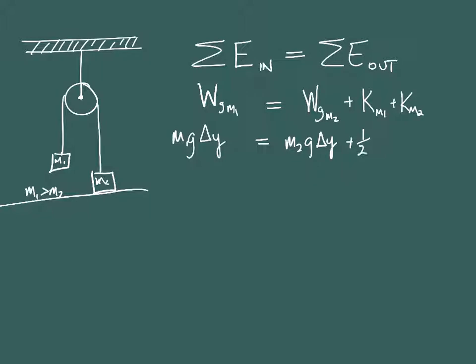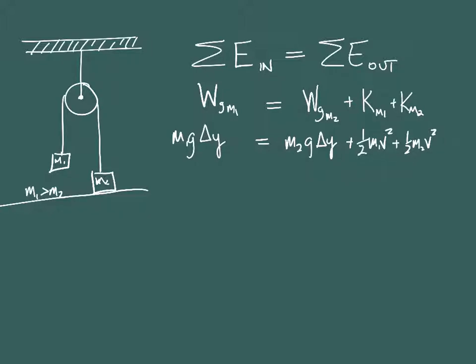And this is going to be half mass 1 v squared plus 1/2 mass 2 v squared. And the reason why it's just v squared is this is going to be the final speed. The initial speed's no longer part of the consideration. It was 0 anyways, initially.